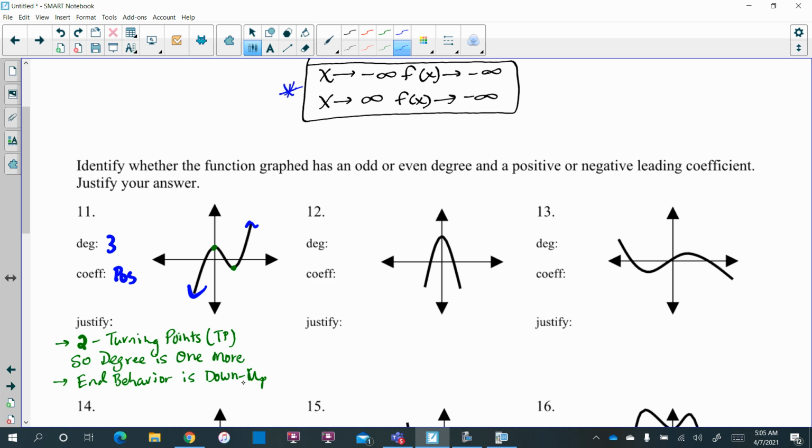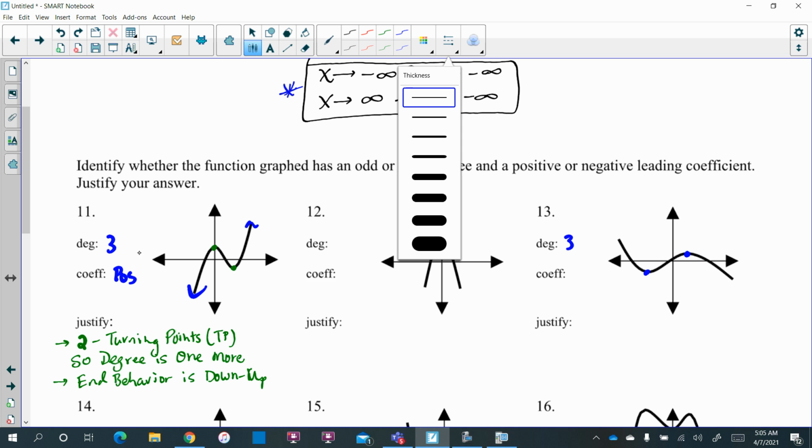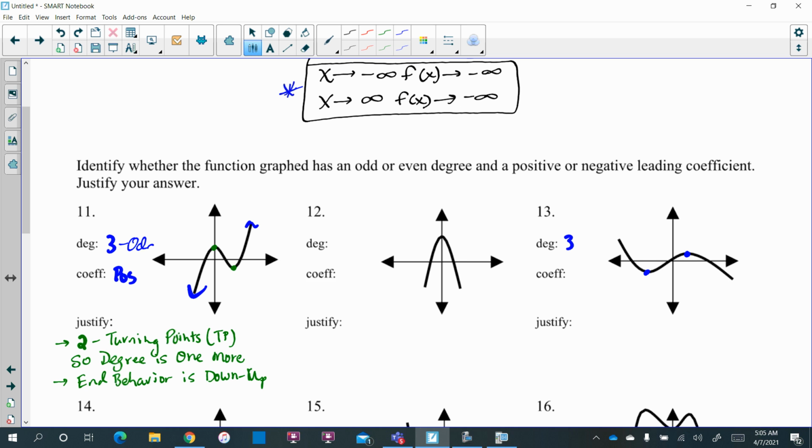If I look at this one, again, I have 2 turning points, 1, 2. The degree is 1 more than that, so it's a 3, which means we have an odd, and I forgot to write it on this one over here, this is also an odd.